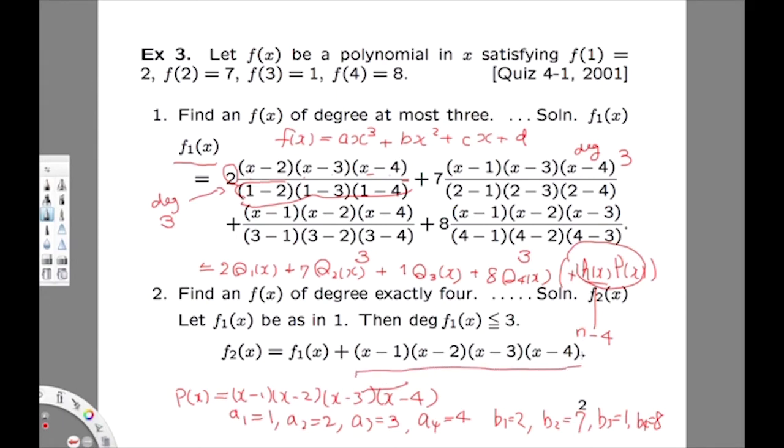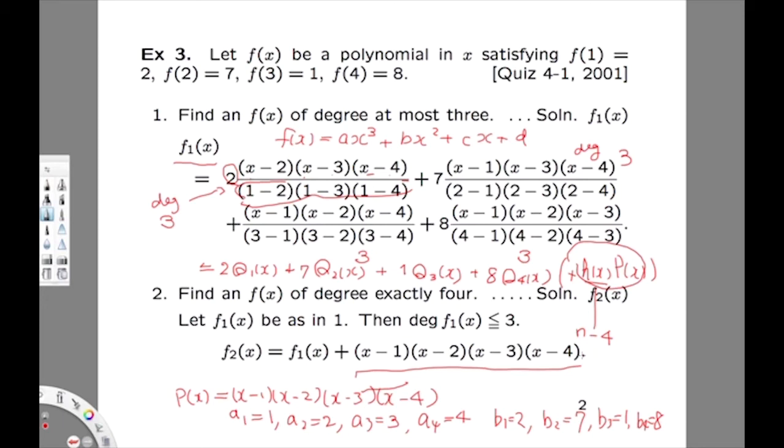Even if you add p of x, if you plug 1 in, the p of x part gets 0. Even if you plug 2, 3, 4 in, you get 0. So it doesn't change the value of f of x. So this is the solution you should have.